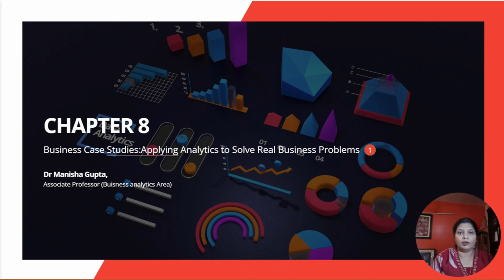In this chapter, we move beyond analytics tools and techniques and focus on how analytics is actually applied in real organizational context. Till now, you have gone through various theoretical aspects of business analytics, and in this chapter, we are going to explore more on applied real business examples where business analytics have been used.